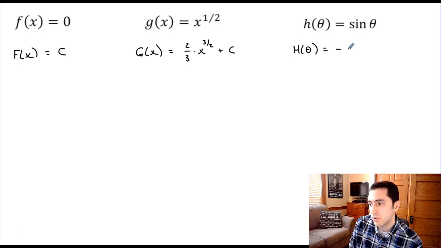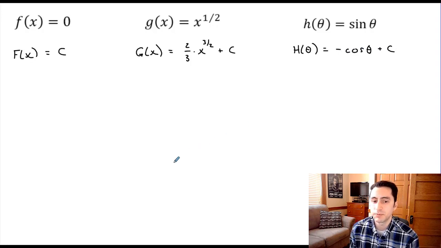So I need to include another negative, and we have the opposite of the cosine of theta. So if I take the derivative of this, the negatives will cancel out, and I'll end up with the sine. And as always, we'll include our arbitrary constant c.